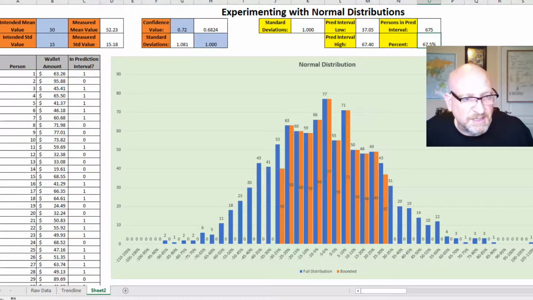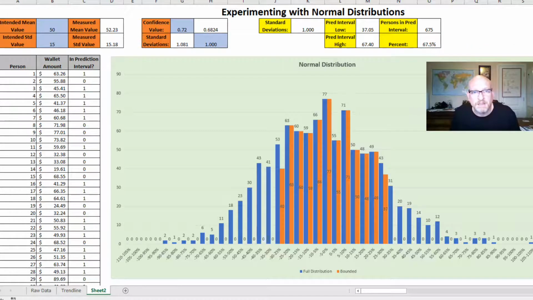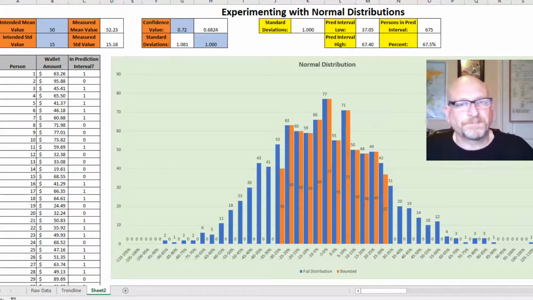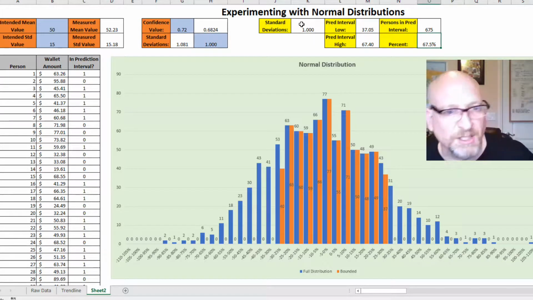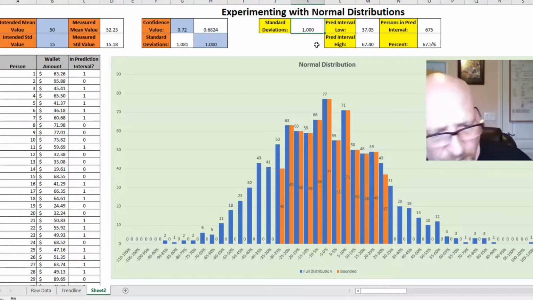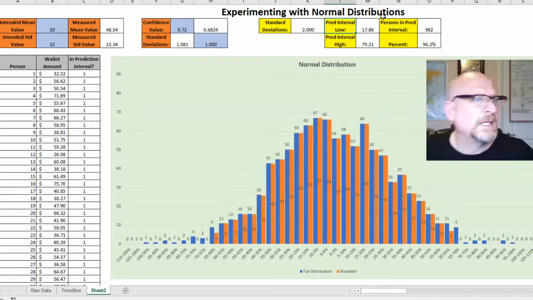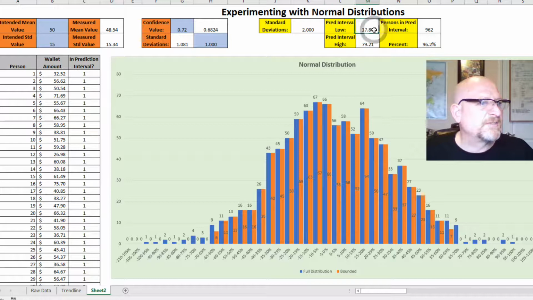Now, let me move this down just a little bit because I can't see that. So, let's try 2 standard deviations. We're going to try 2.00, hit F9, and bingo. That's going to put us between 1786 and 7981.